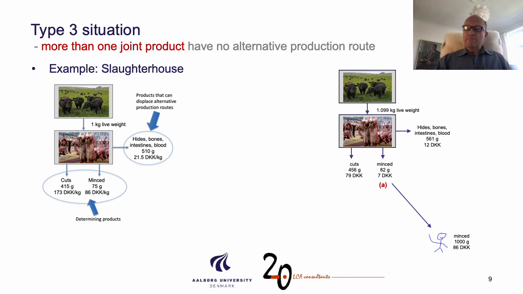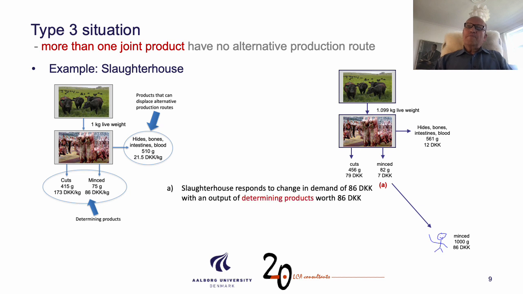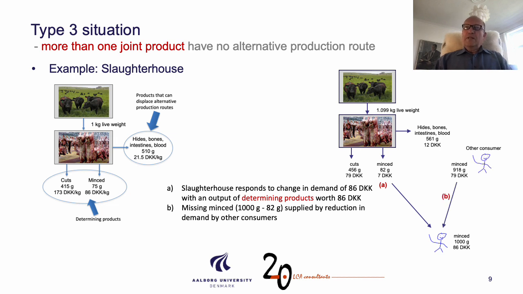The rest are cuts that we didn't demand. So where does the rest of the minced meat for the consumer come from? Well, it comes from other consumers that reduce their demand and liberate that minced meat to the consumer that wants to pay for it.